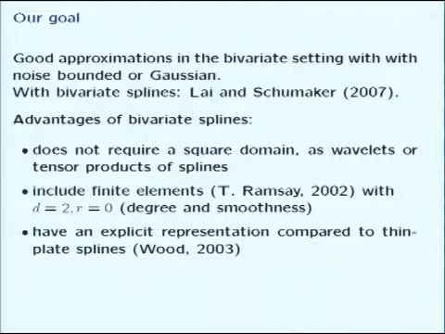I've heard that recently some people are working on wavelets that can be defined in non-square or non-rectangular domains. There was a paper by Tim Ramsay in 2002 that addressed this issue, not in a functional setting, but when you have complex domains. It includes the finite elements.